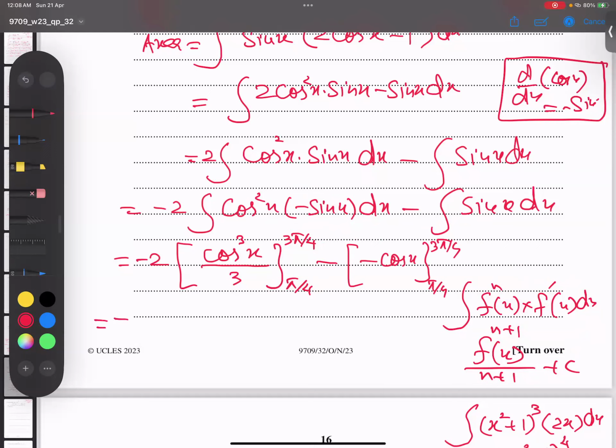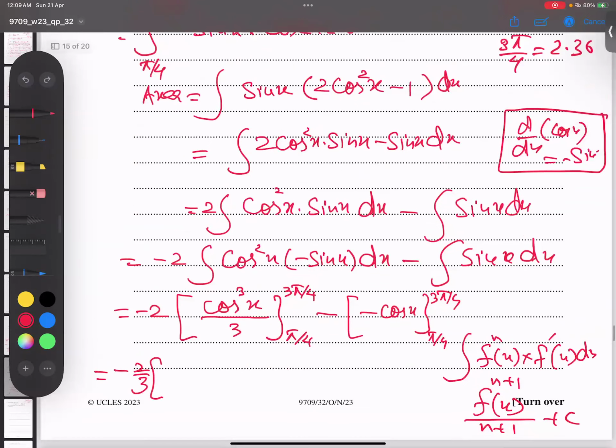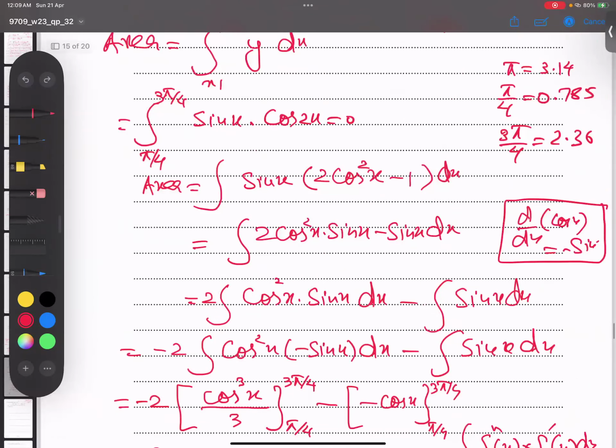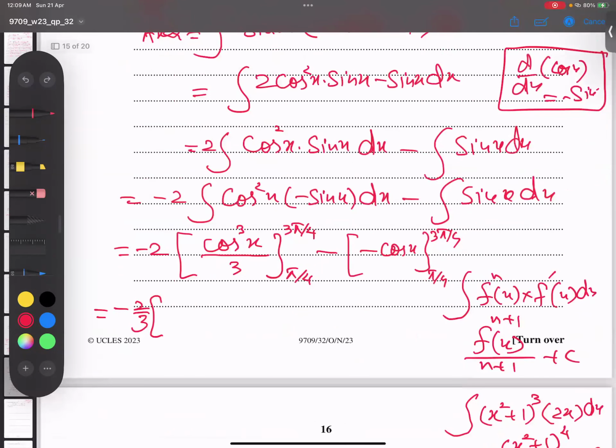Okay, now student, I'm going to plug in the limits. Get ready. When I plug in 3 pi by 4, one by one, let's see what answer comes.